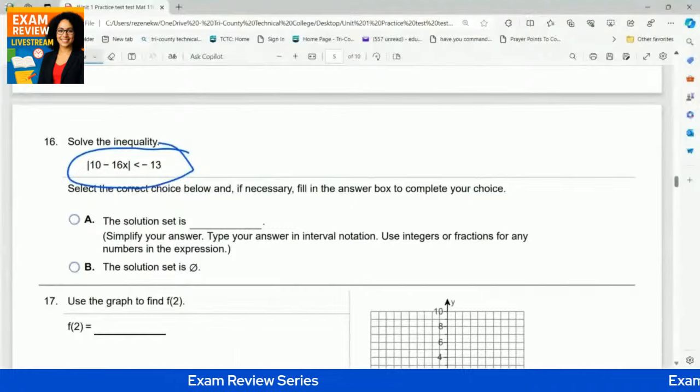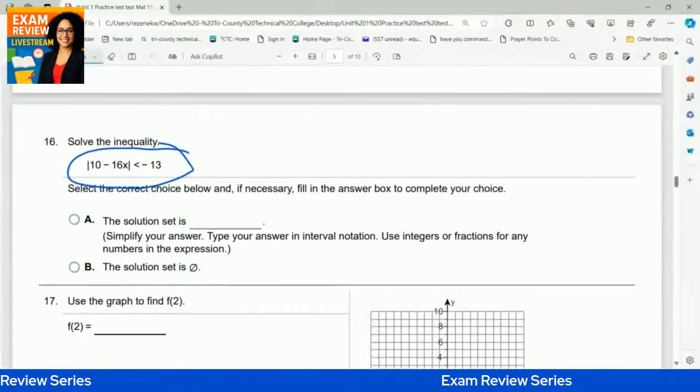So if you're given an equation like in number 16 to solve, you quickly say no solution. Why? Because they said that the absolute value of the function is less than negative 13. It cannot be negative anyway.